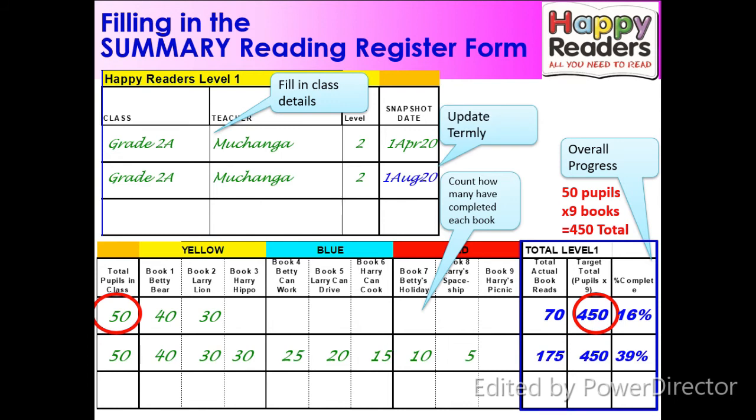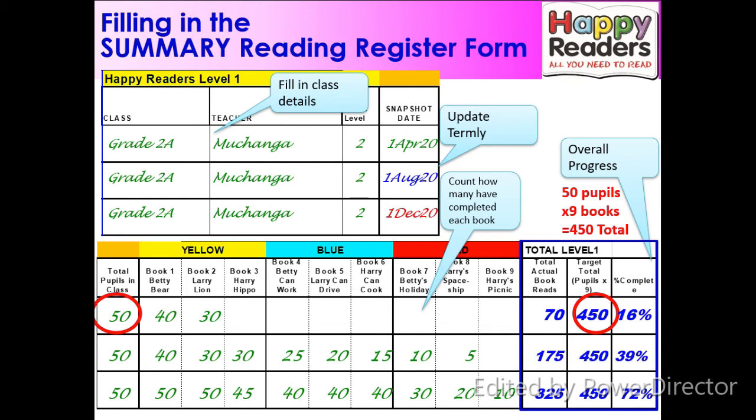And as we progress through August, we find more pupils have done more books. We're up to 175 book reads, 39% complete. And by the end of the year, we've got 325 total book reads, more pupils reading more of the books, making the progress. We're at 72% complete. And we can also see that we're pretty much complete on the yellow books.